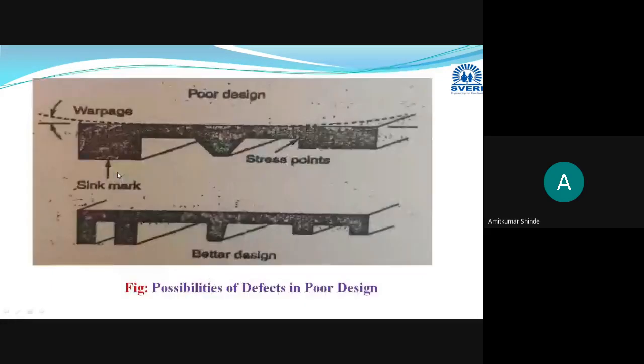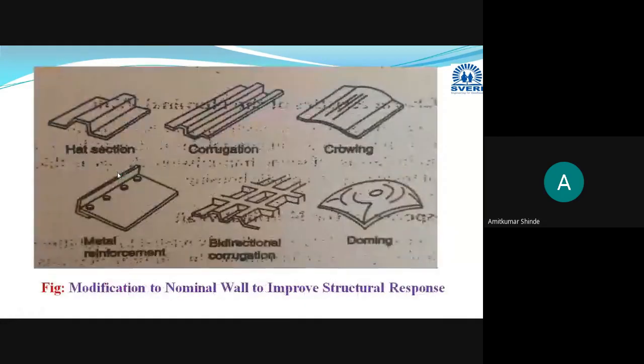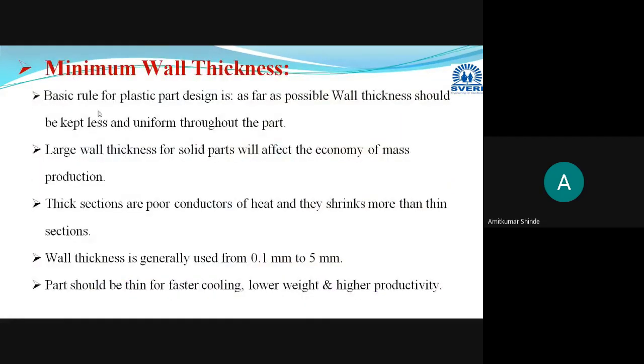Now, I will summarize this session related to wall thickness, the minimum wall thickness, by doing this analysis. The basic rule for plastic part design is, as far as possible, wall thickness should be kept minimum, and it should be uniform throughout the part.